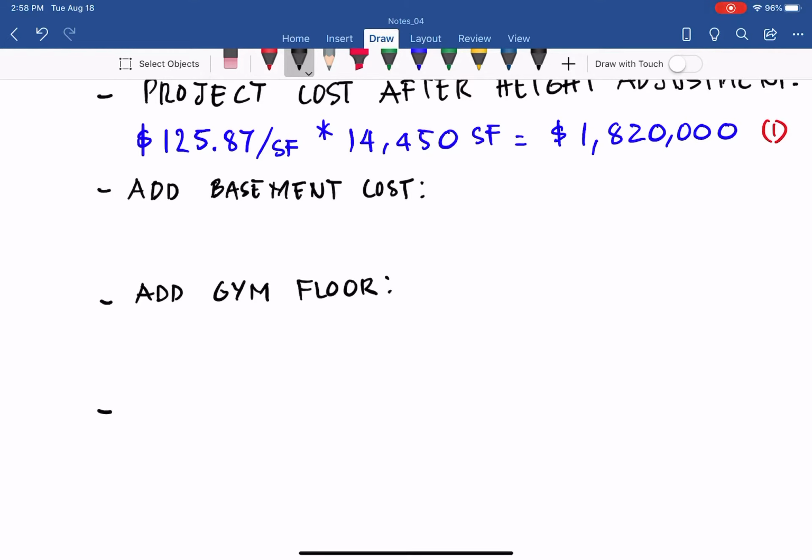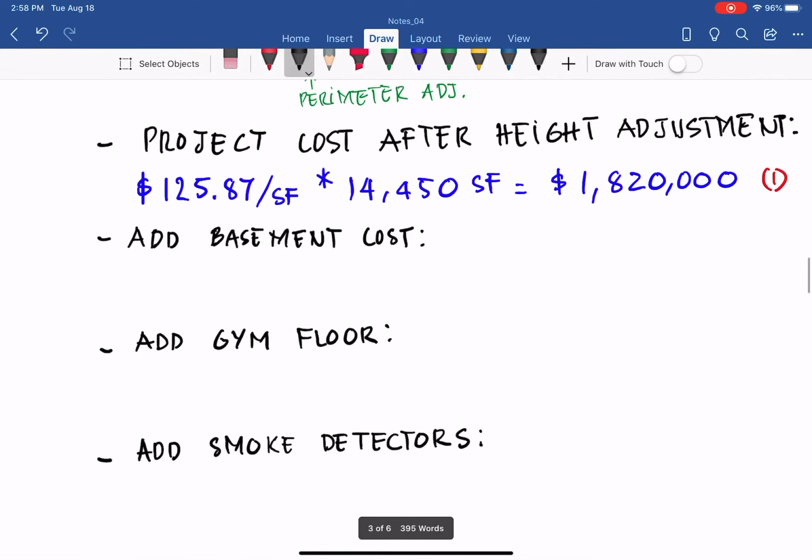And we also have to add the smoke detectors.